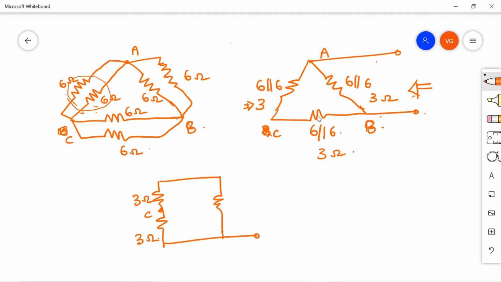So this is A and B. 3 ohm and 3 ohm are in series, which is nothing but 6 ohm. So this is 6 and this is 3 ohm.